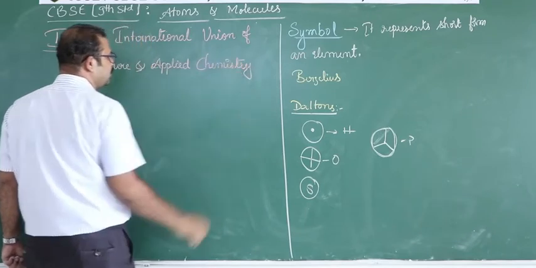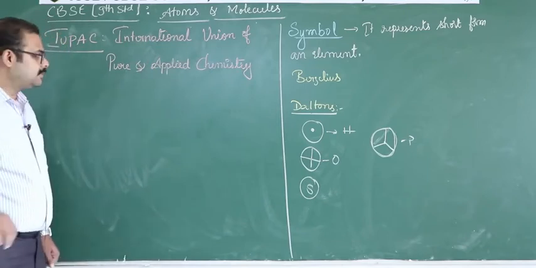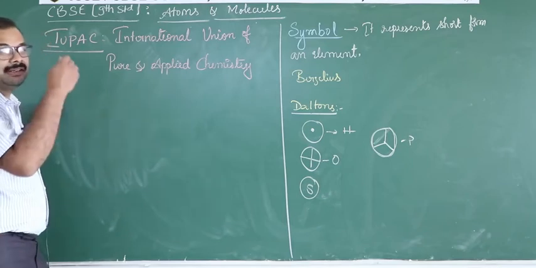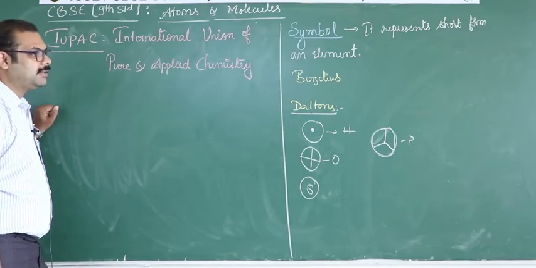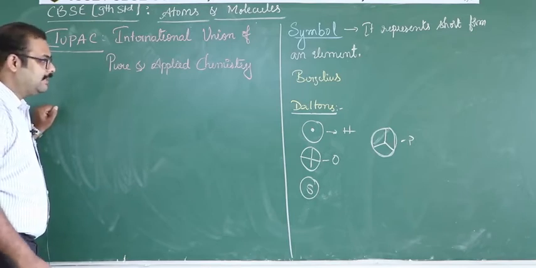This is a chemistry organization. It made a set of rules according to which we have to give a particular name. So let's see what the different rules are that we have to follow while writing the name of a symbol.